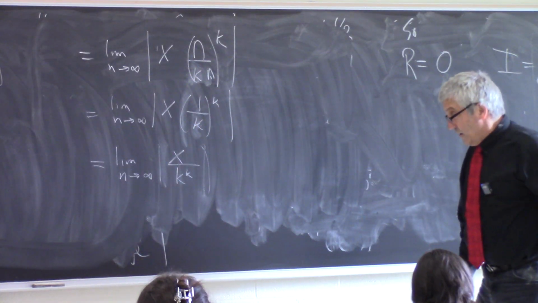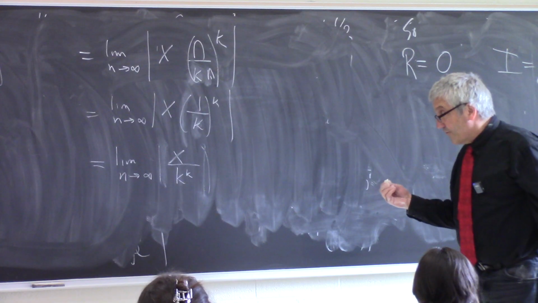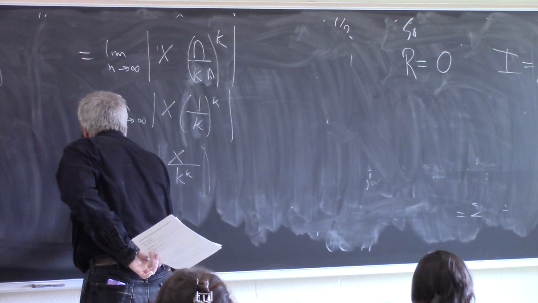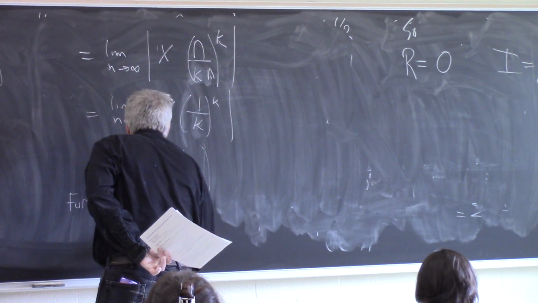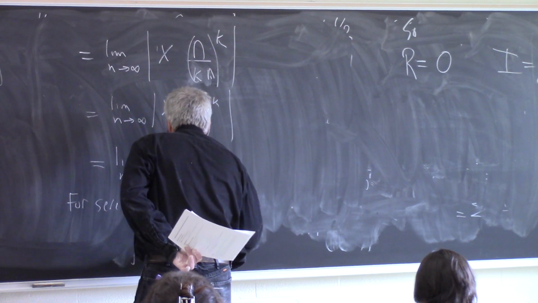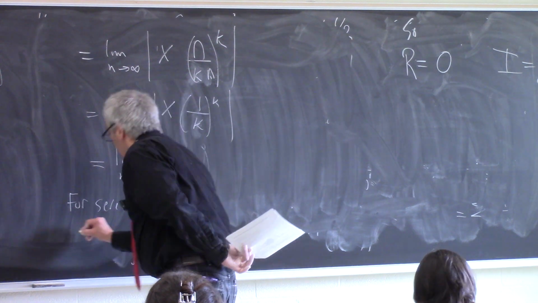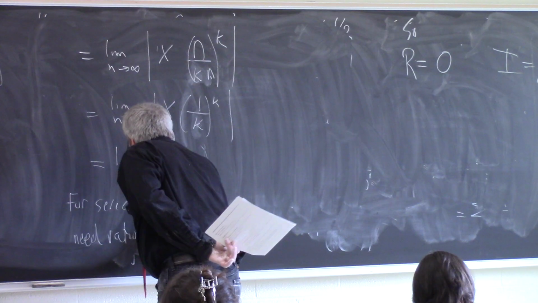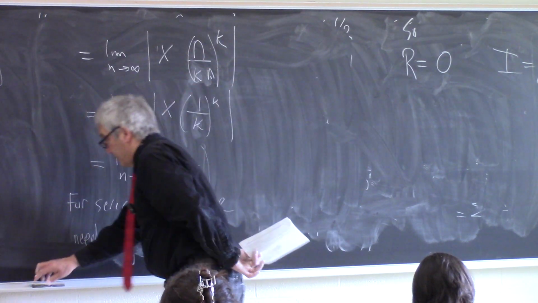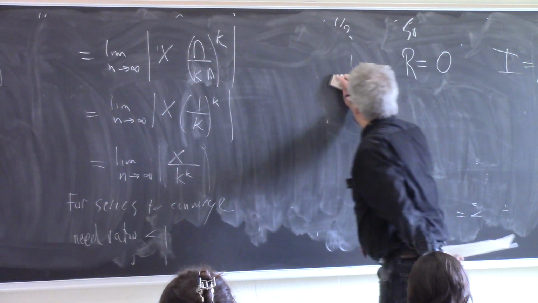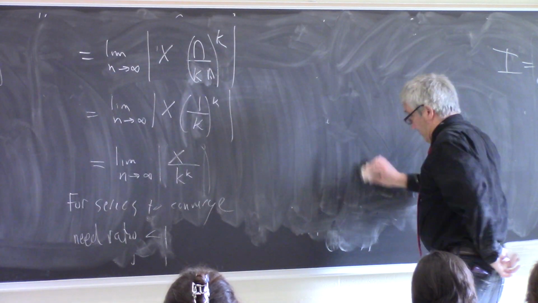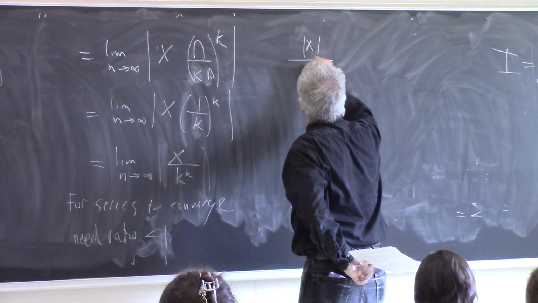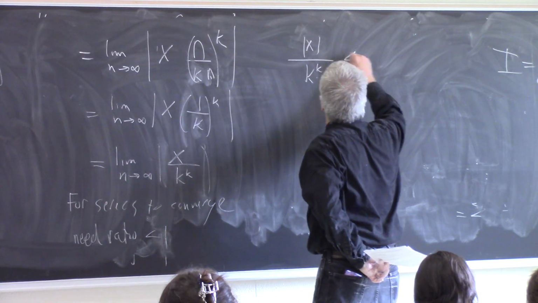Isn't that amazing? So we want this ratio to be less than 1 for the series to converge. So we need the absolute value of x over k to the k to be less than 1.